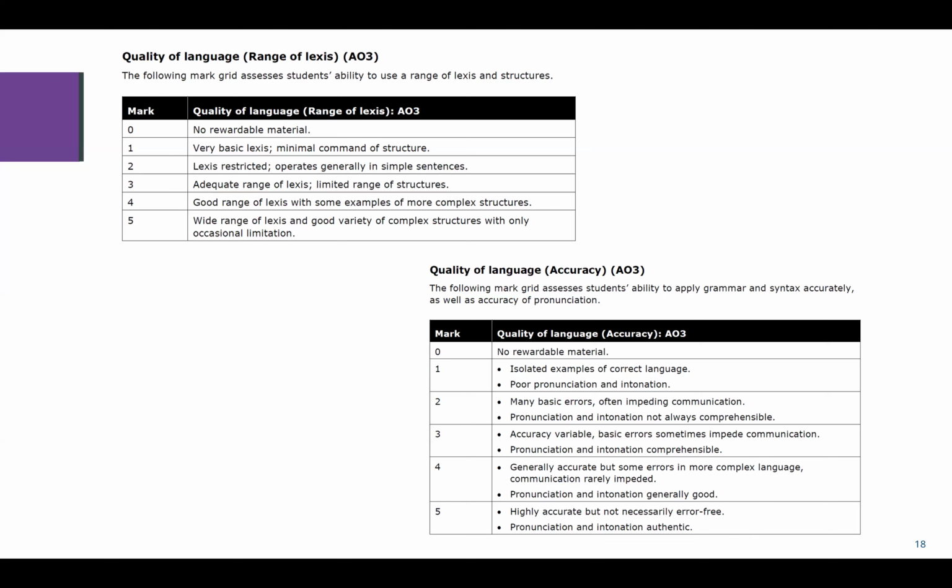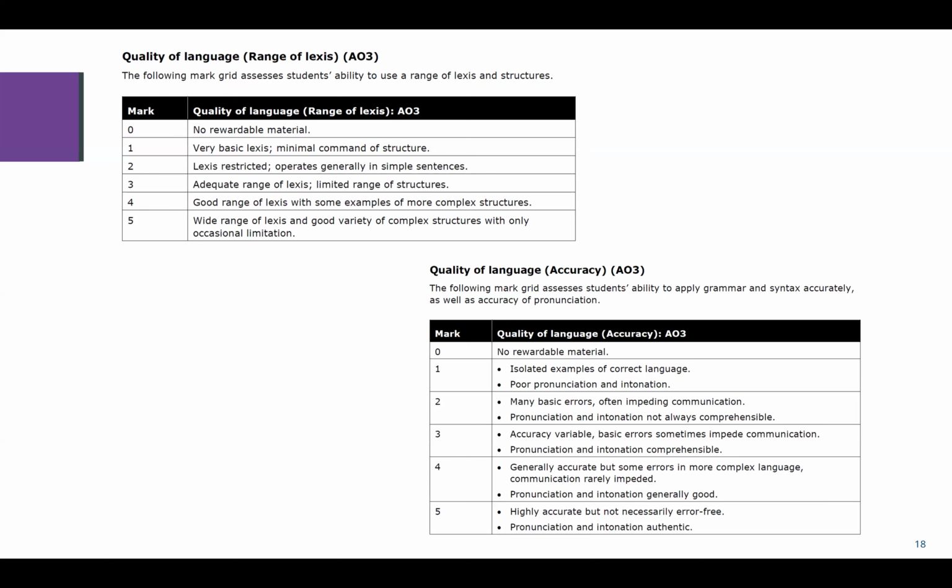So when you then go and look at the quality of language accuracy, you can see that if we look at a mark of 4 there, it refers to generally accurate, but some errors in more complex language. Now, if you've had only adequate in that first grid, it's unlikely that they are going to score 4 in this accuracy, because they haven't tried to use complex language.